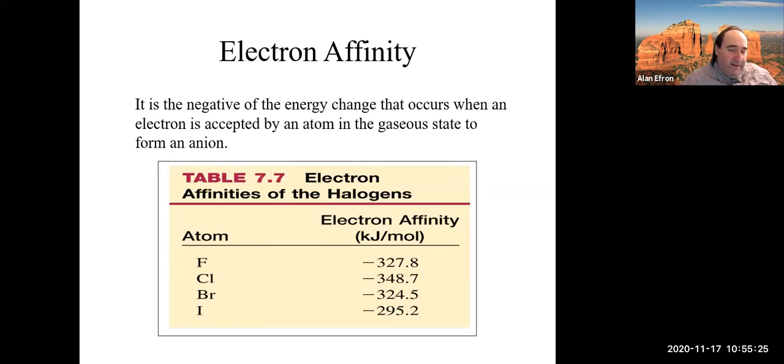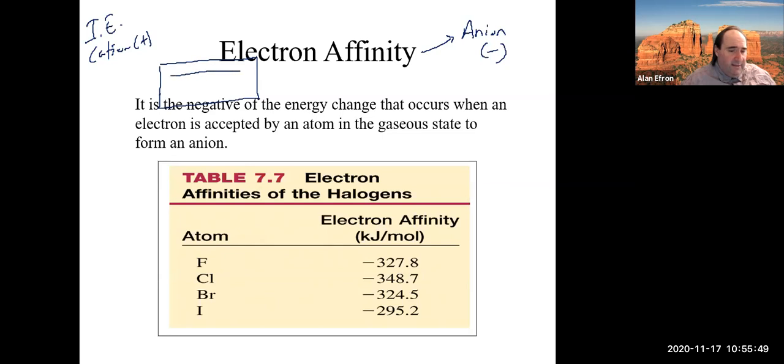So electron affinity, you could kind of think of as what happens when we make an anion or something that's negative. Ionization energy that we just talked about is what happens when we make something into a cation or a positively charged guy.